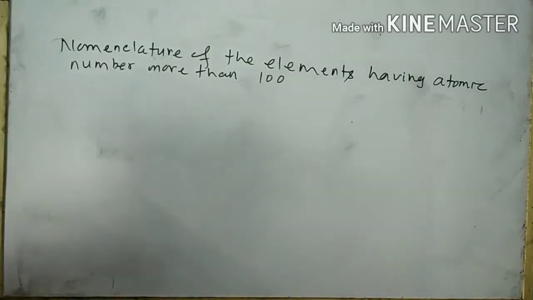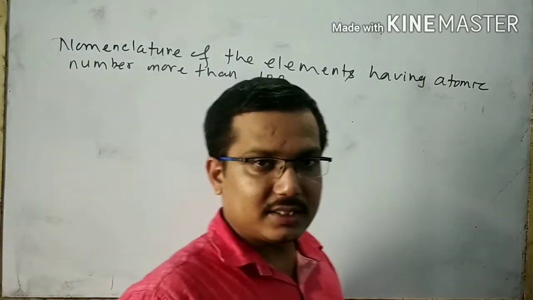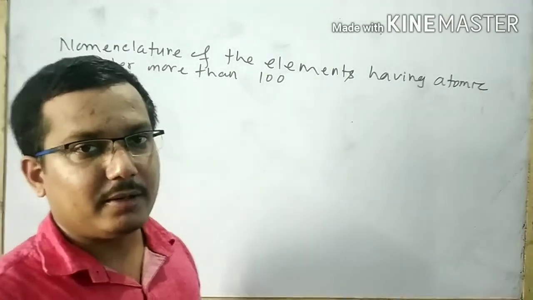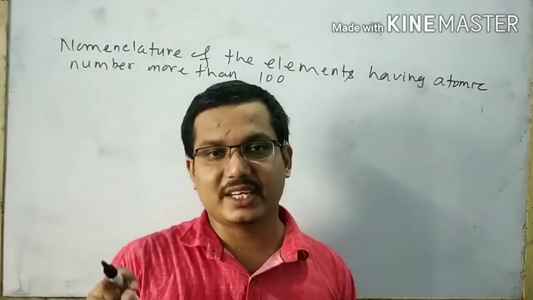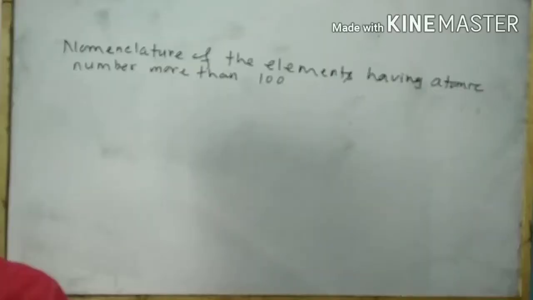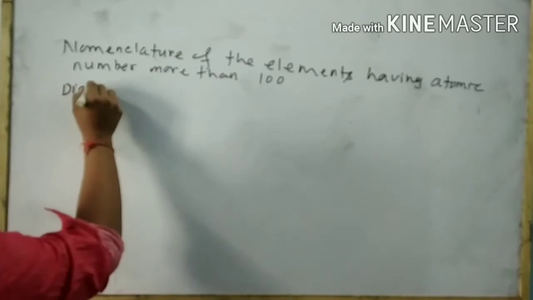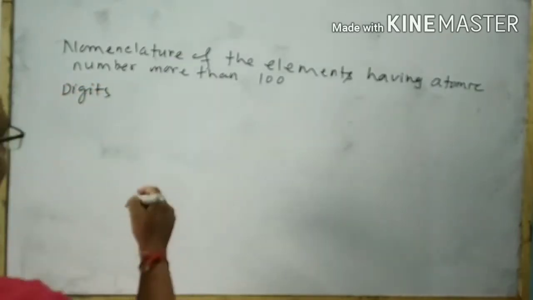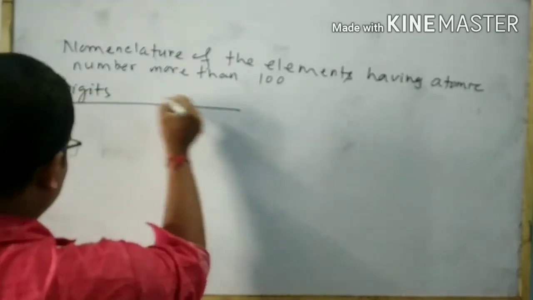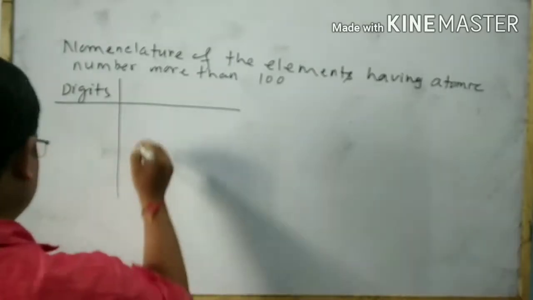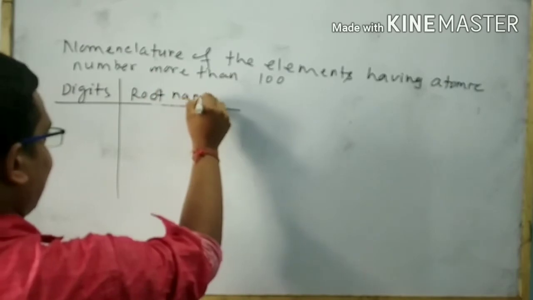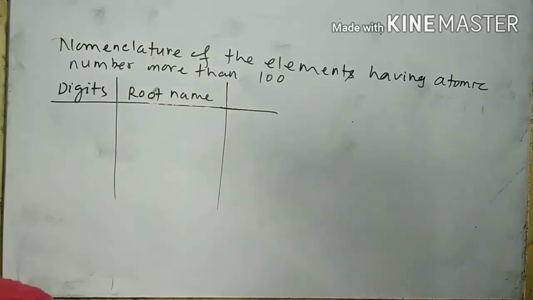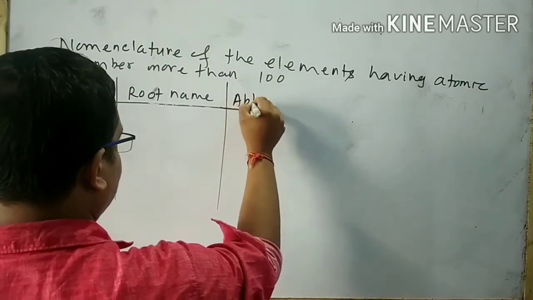For naming the elements having atomic number more than 100, we should follow certain rules. It is important to remember this table: digits, root name, abbreviation.